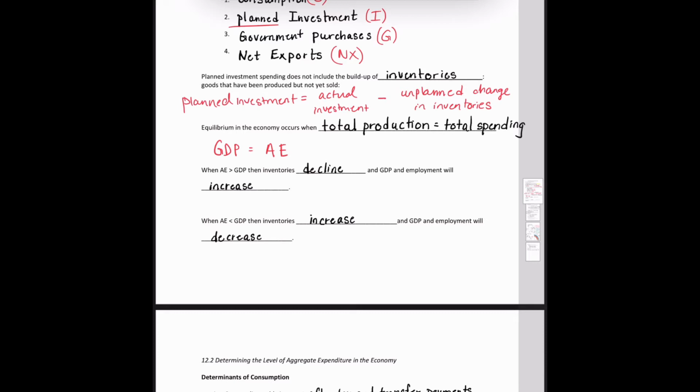When aggregate expenditure is less than GDP, inventories increase, and GDP and employment will decrease. Remember, GDP is total production and aggregate expenditure is total spending.